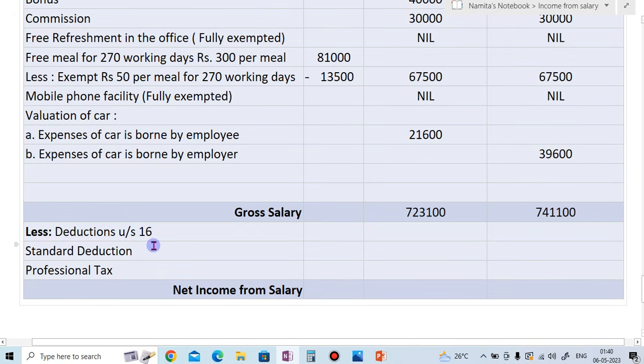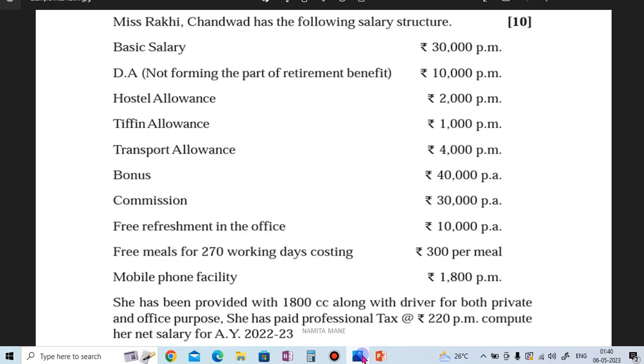So as per section 16, the deductions are standard deduction, entertainment allowance, as well as professional tax. Now in the question, entertainment allowance is not given, that's why I have not written it here. So compulsory standard deduction, the limit of standard deduction is 50,000. Okay, so compulsory standard deduction is 50,000 for both, for the employee as well as for the employer. Now next, further information is given about the professional tax, that is she has paid professional tax rupees 220 per month.